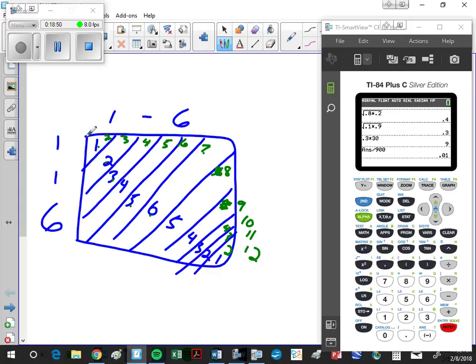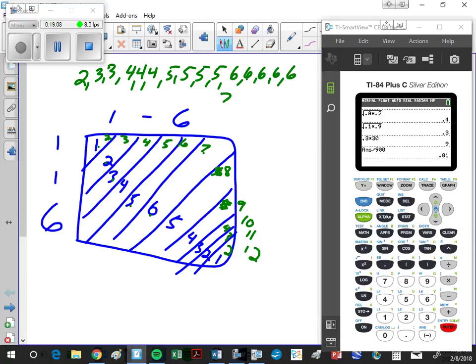Well, we know that the box has a 2, 2 threes, 3 fours, 4 fives, and so on. There are 36 numbers in the box.